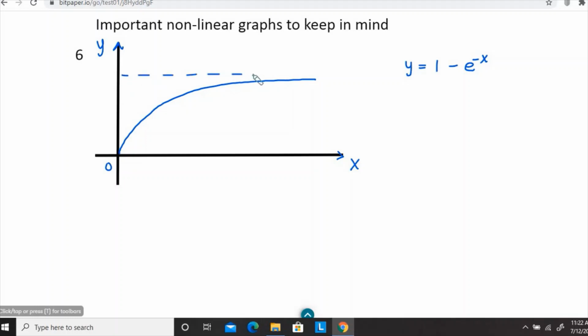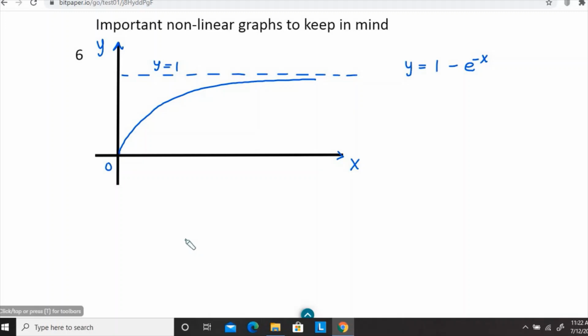That means we have a horizontal asymptote at y equals 1. So this line is the y equals 1 line. Okay, so this is the final nonlinear graph that I'd like to discuss, that I feel will be important for our course. So with this, I conclude the math primer for college physics.